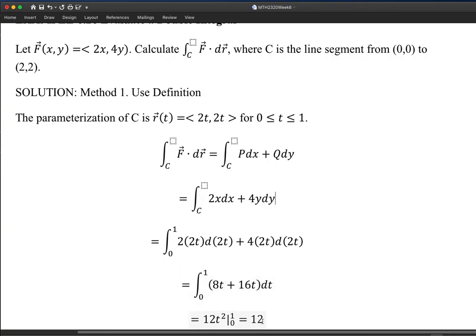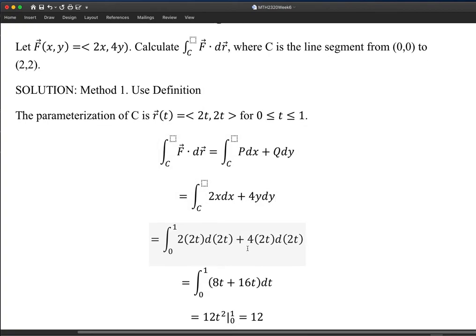So hopefully you see the numbers here. 8 plus 16, that's 24t. The antiderivative is 12t squared, so that's 12. The line integral is 12. And this is what I called using the definition: F dot dr is P dx plus Q dy.